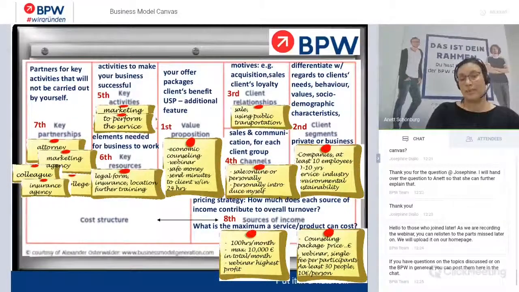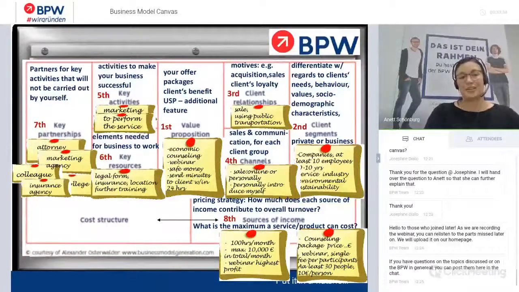Key questions on sources of income may be: What does the financing look like even before turnover from client income has been generated? Have you drawn up a plan? What is the maximum the product and or service can cost? How much are your clients willing to pay? Which pricing strategy are you pursuing?